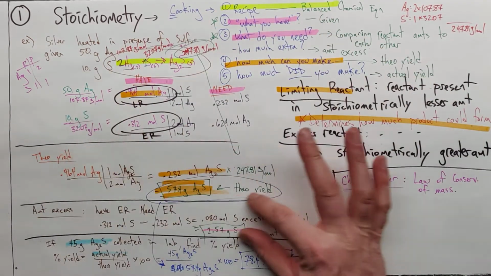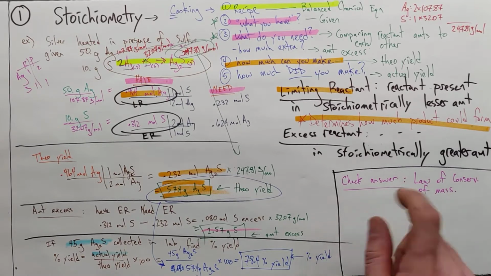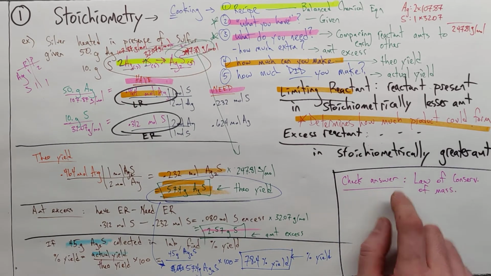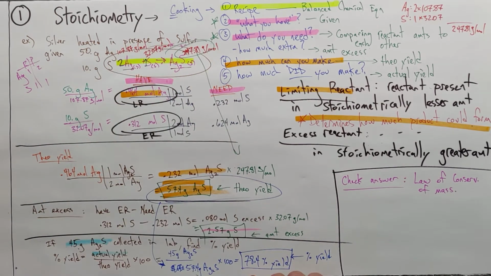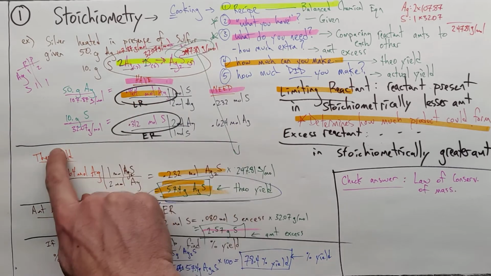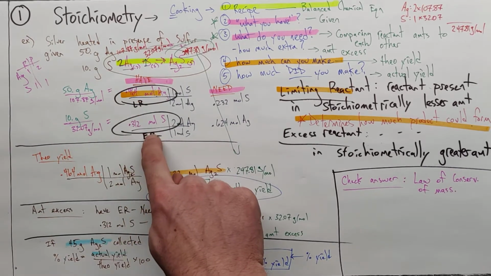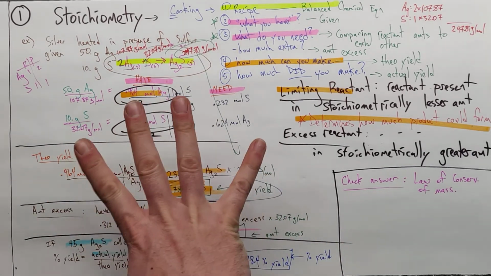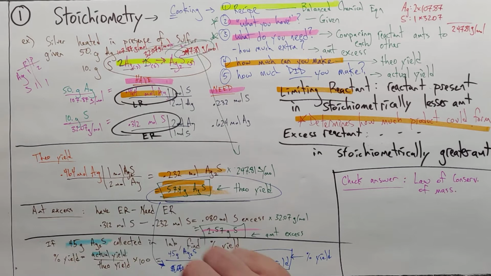It's almost impossible to conveniently come up with an amount excess, and it becomes really hard to check your answer without a whole bunch more writing. And while I realize this was a mess, here's what we have, here's what we need. We used the limiting reactant to find a theoretical yield. We used our excess reactant to find an amount excess, and then we used our theoretical yield to find a percent yield. It's all there. And I'm going to do that pretty much every single time, regardless of what's asked.